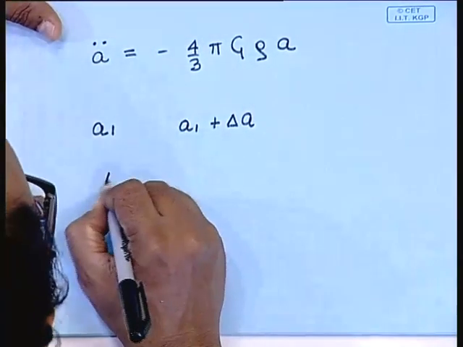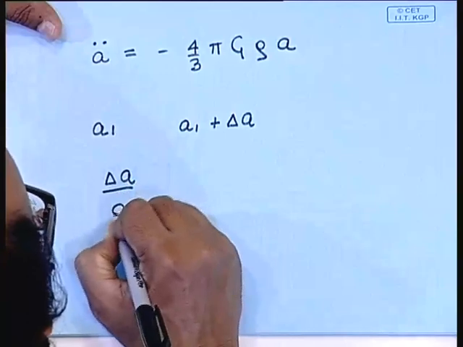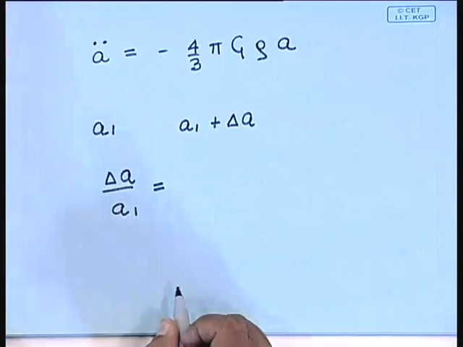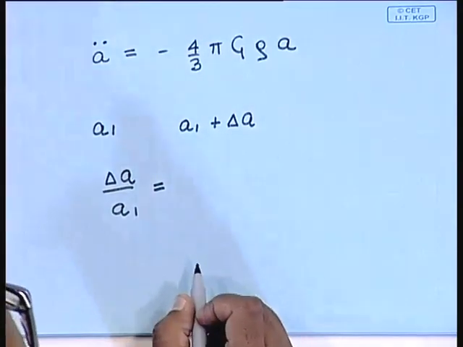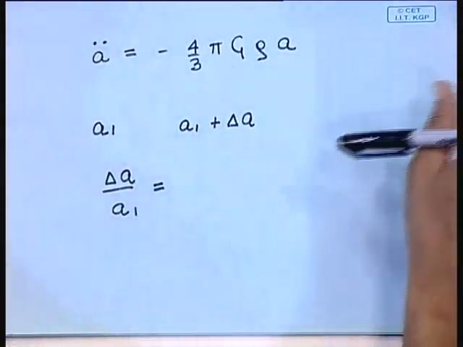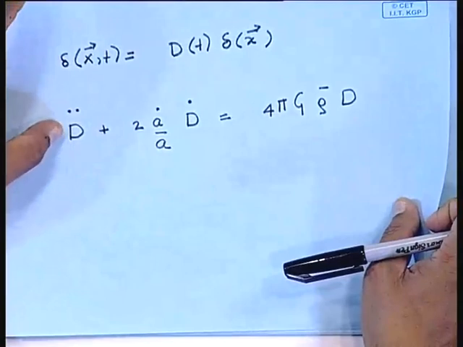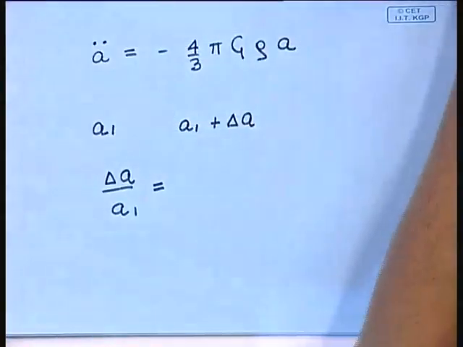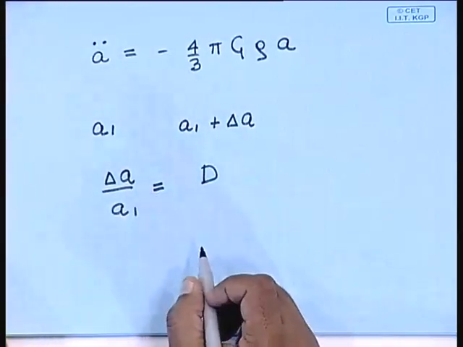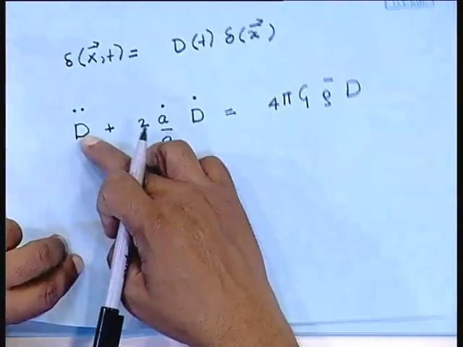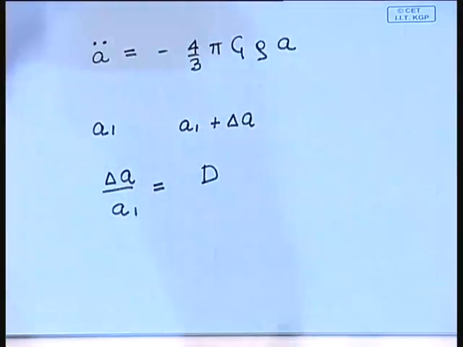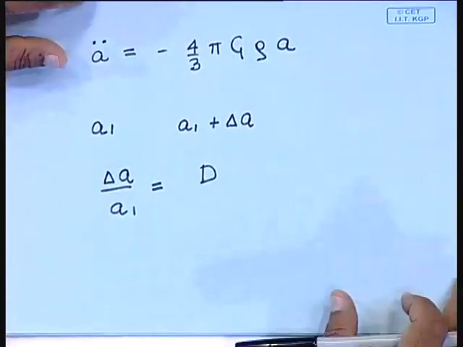Then delta A by A1 is going to give me a solution to the differential equation which I wish to solve, this. So this is going to be equal to D with maybe some constant factor. Multiplying or dividing D by a constant factor does not change it, because it will still be a solution to this equation. So this is the basic result which I wanted to show you.